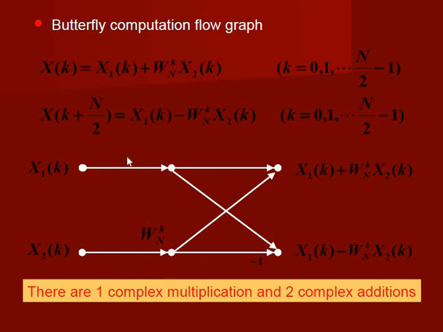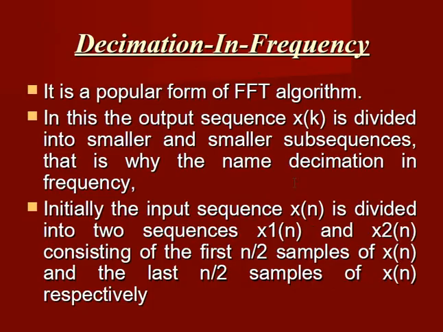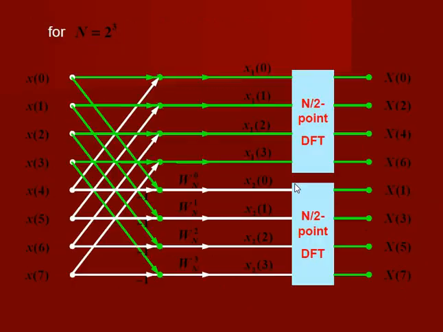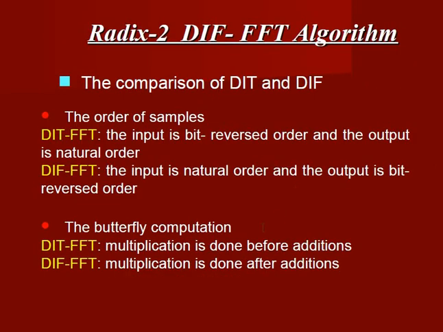It is multiplied before creating the butterfly, then it creates the butterfly. So this part is very important. In DIT we multiply the twiddle factor before creating the butterfly, and in DIF the multiplication is done after the butterfly creation.